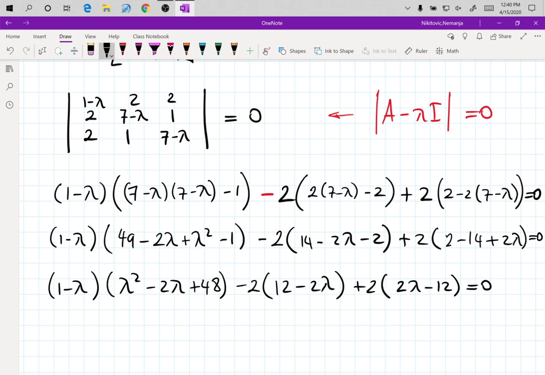14 minus 2 lambda minus 2, 2 minus 14 plus 2 lambda.